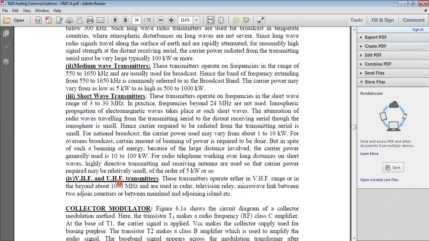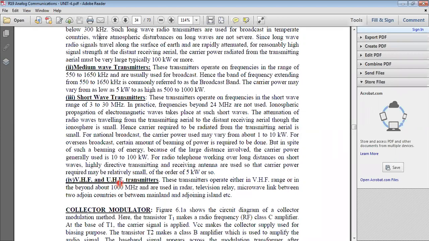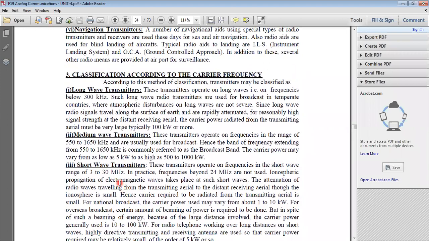So in the third category, we have four types of transmitters: long wave, medium wave, short wave, and VHF and UHF. This classification is done based on the carrier frequency used.